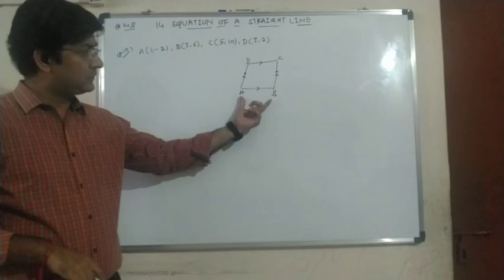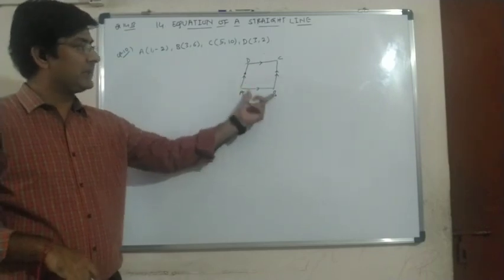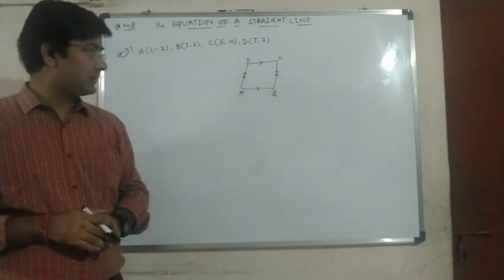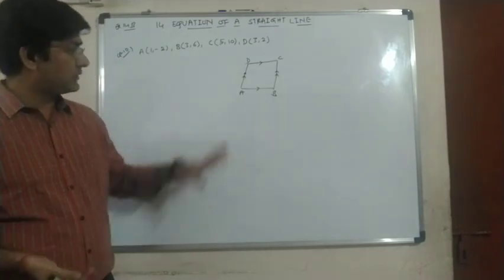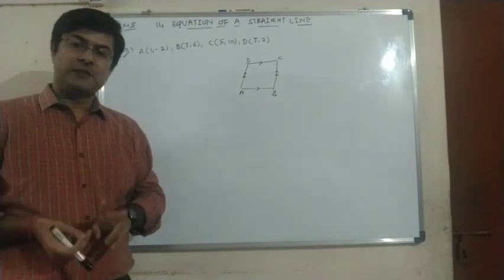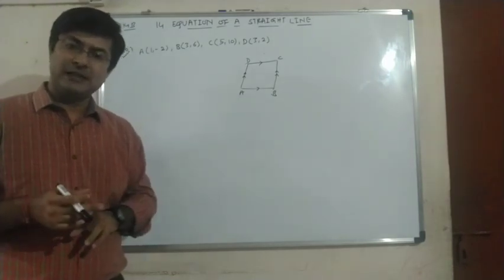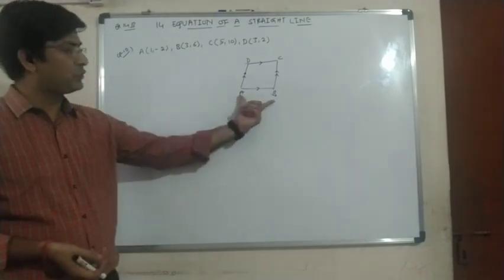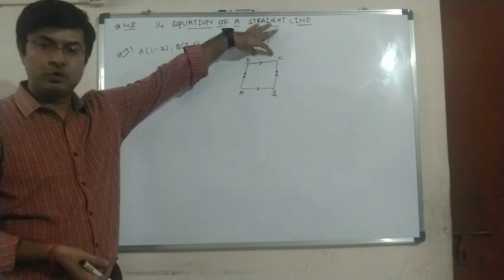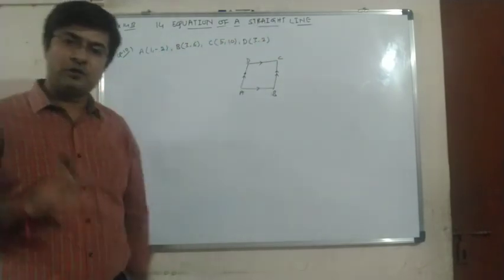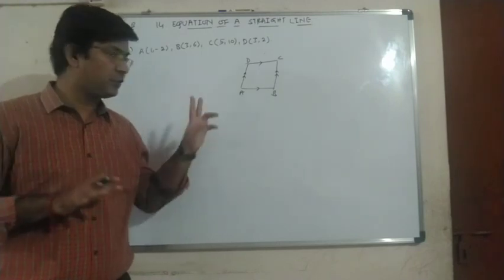We know that if two lines are parallel, like AB and DC, and AD and BC, then their slopes will be equal. Clear? So if we want to show that ABCD is a parallelogram, then we have to show that the two pairs of opposite sides have equal slopes. So what we will show over here is that slope of AB is equal to slope of DC and slope of AD is equal to slope of BC. So these two things we have to show.